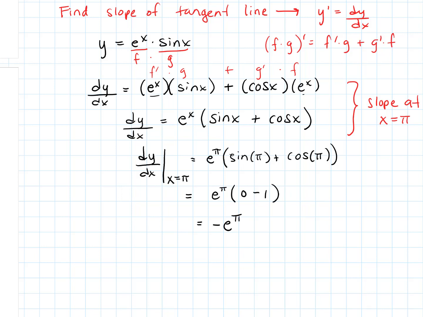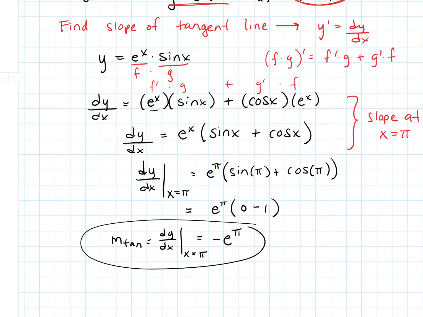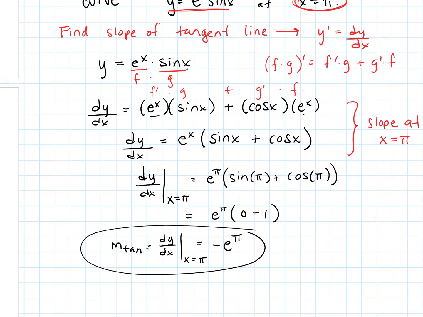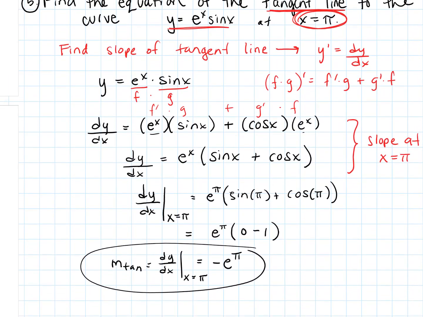All right, so that's our slope. Remember, the slope of the tangent line is the value of the derivative evaluated at that point. Now all we have to do is write the actual equation. We were going through x equals pi, and we did not have the y value, so we have to find it.